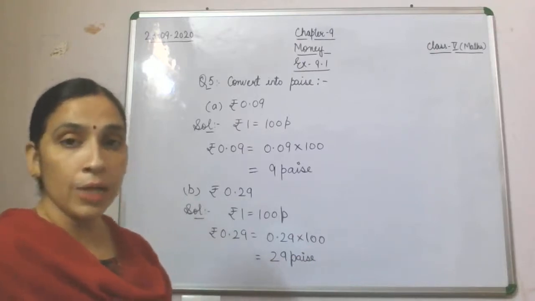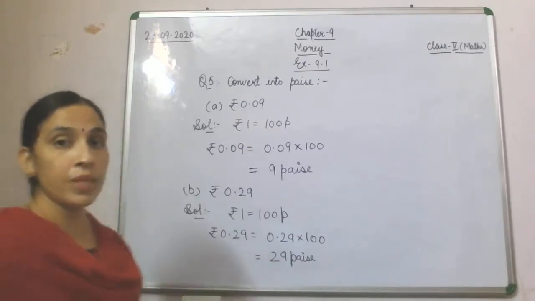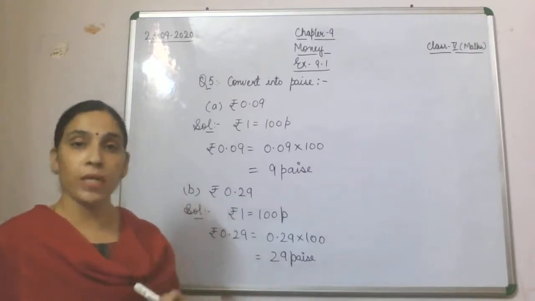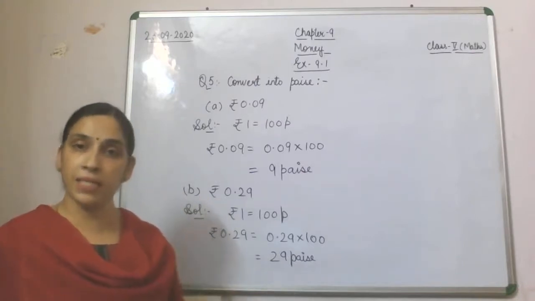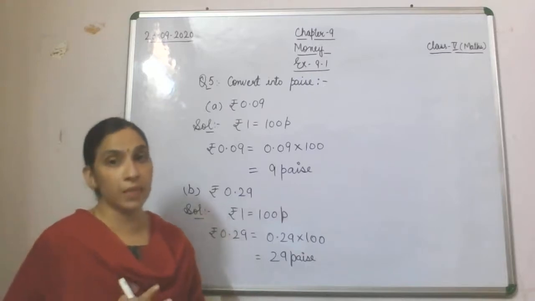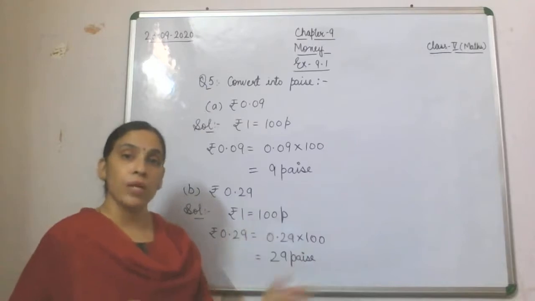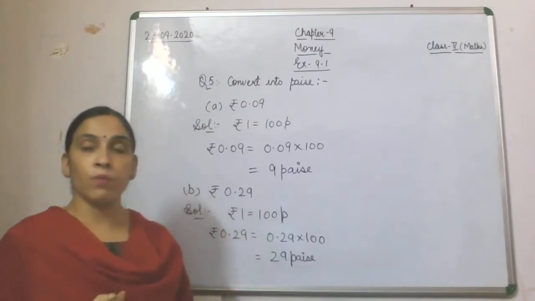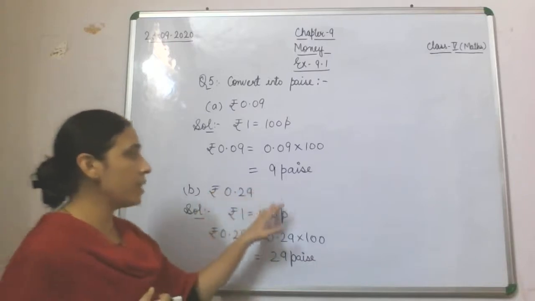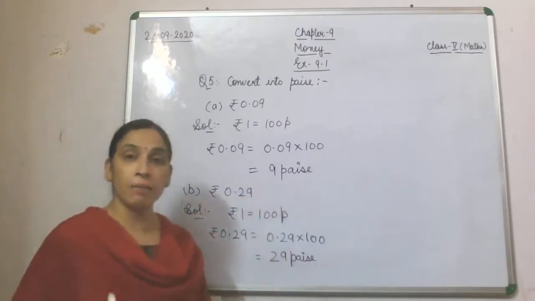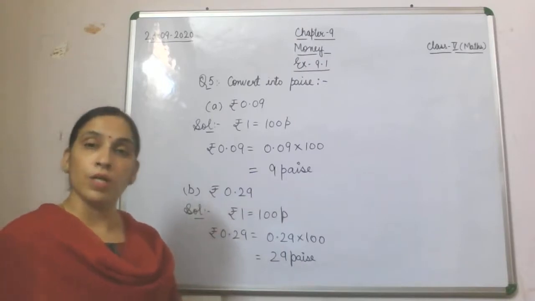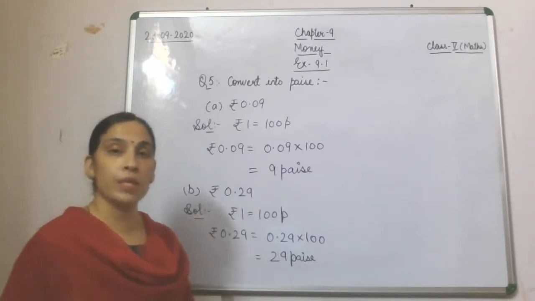So I hope the concept of how we are supposed to convert a rupee into paisa is clear. Rupee is the bigger unit and paisa is the smaller unit. Whenever you are supposed to convert a bigger unit into a smaller unit, what will you do? You will do multiplication, and by the multiplication the decimal will shift 2 places towards the right.